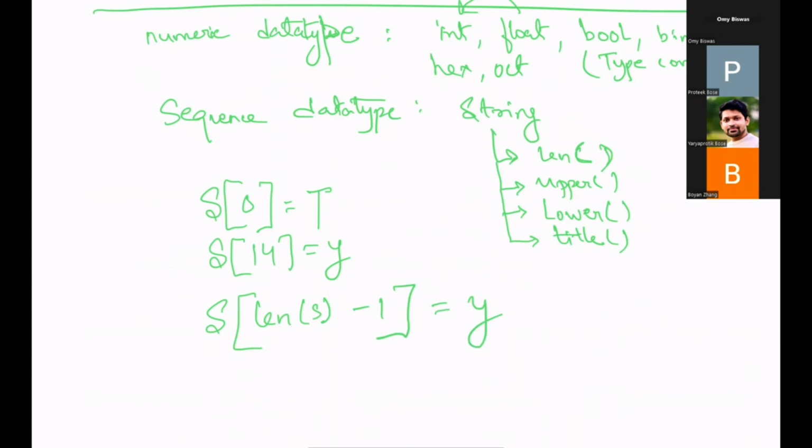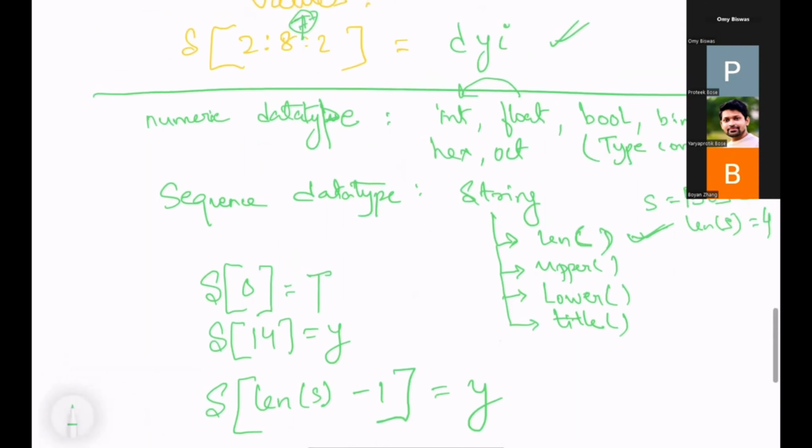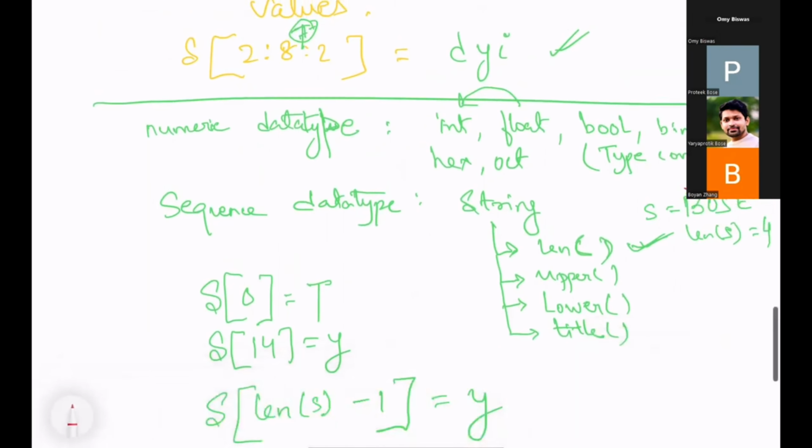As we know, when we were learning length, we saw that when I wrote S equal to boss, length of S gave me 4. What does this mean? It counts the number of characters, 1, 2, 3, 4. It counts how many letters are there.